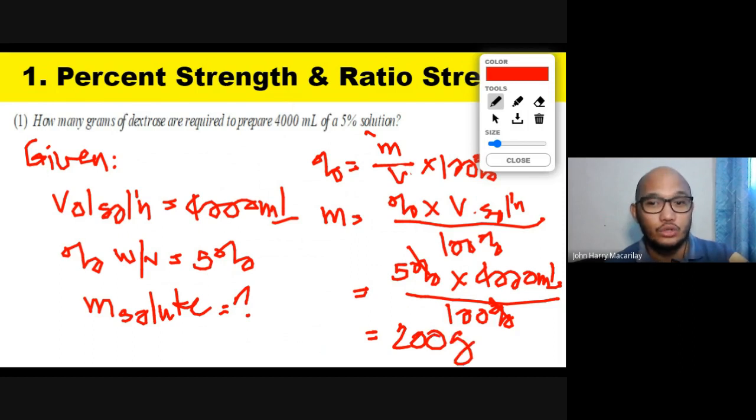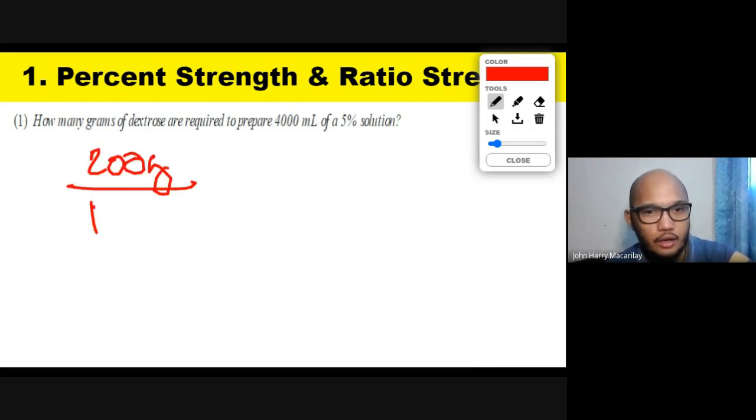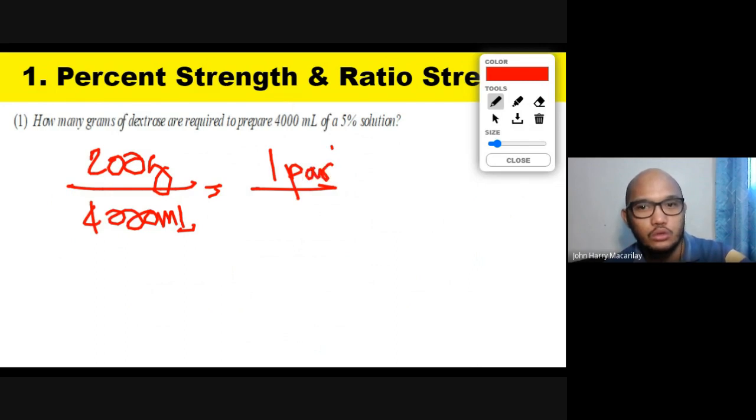All right, so what about the ratio strength, class? For ratio strength, since we already know the mass of the solute, we have 200 grams divided by 4,000 ml. And then we can assume that 200 grams is one part of the solution, so X parts for the total number of parts of the solution.